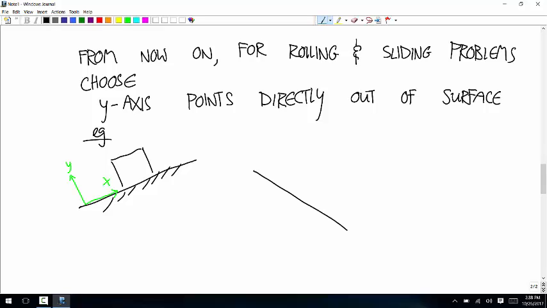Or if the incline is like this, the y-axis points out, and so the x-axis in this case has to go that way. And we'll even do this in cases where something's sliding along a wall.